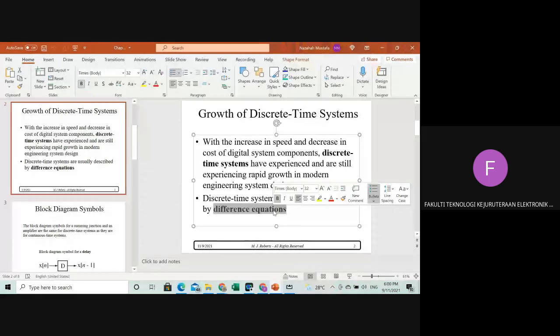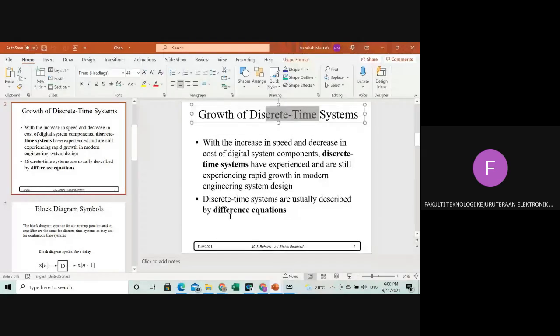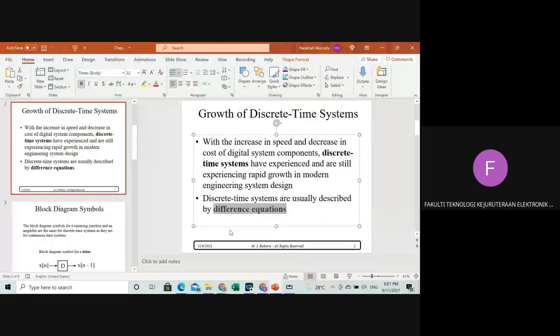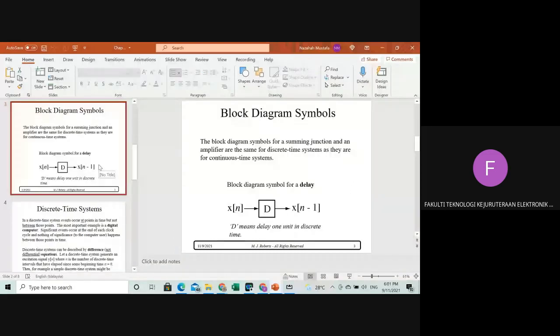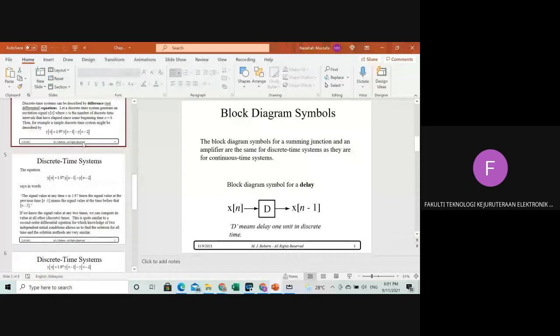But for discrete time systems, we have difference equations. Two different things, differential equation and difference equation. So the difference equation is used to describe discrete time systems. So what does a difference equation look like? Here is an example of a difference equation.